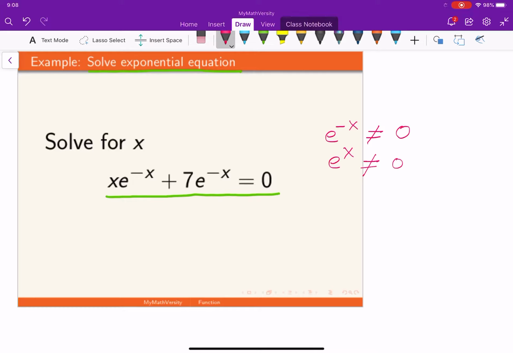So these are the two properties we have. And in an equation, we can always multiply both sides by a non-zero number. That's what we learned when we first learned how to solve an equation. So on this equation, I want to multiply by e to the power x on both sides. Let me do that.